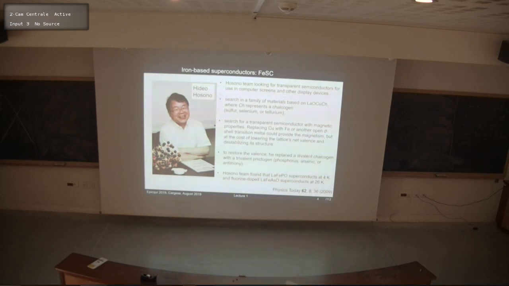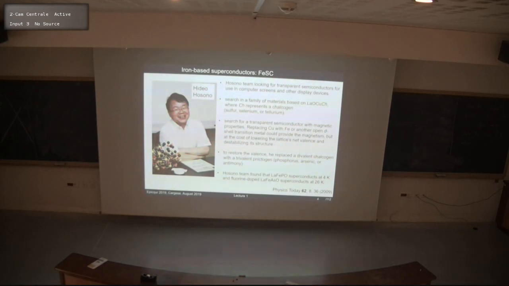And doing the search, he found that lanthanum iron phosphorus oxide superconducts at 4 Kelvin. Obviously, these days, if somebody finds a 4 Kelvin superconductor, there's not too much excitement, I'm afraid. It's ignored in the literature. You hardly manage to publish it, and not too much happened at that point.